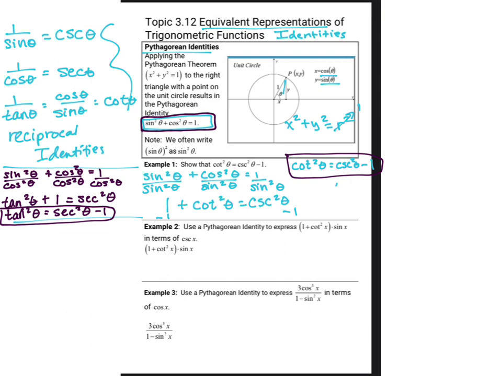It says use a Pythagorean identity to express 1 plus cotangent squared x times sine x in terms of cosecant x. So do you see this 1 plus cotangent squared x? You see this piece of information? Well, the identity that we have says that that piece of information, 1 plus cotangent squared theta, is what?